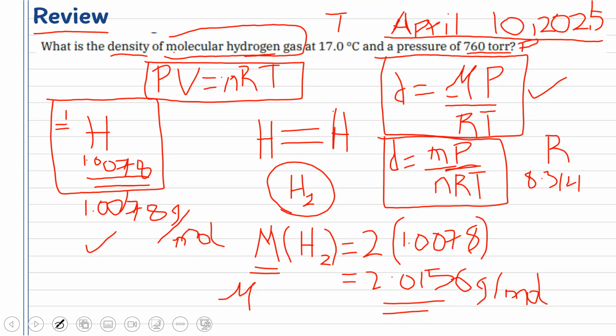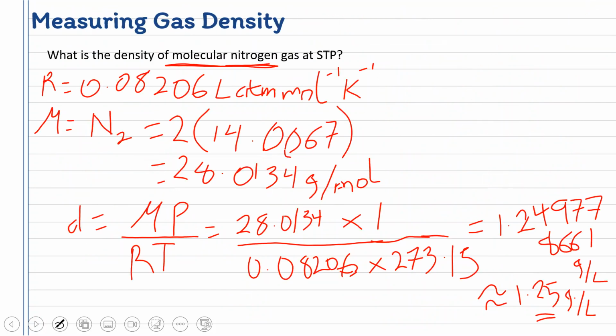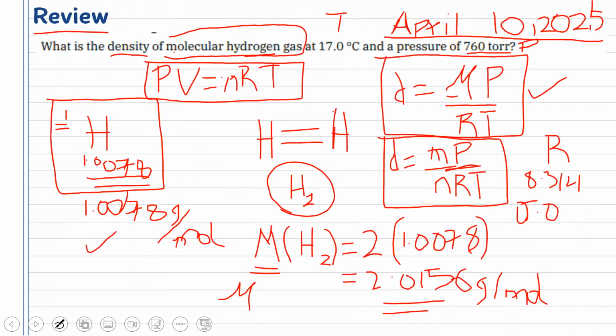If you don't want to use that, you have to use the other one, which is 0.08206. Yeah, you have to use this one. This one uses atm liters per mole per Kelvin. So you choose the one that links itself best to the unit you have. 0.08206.